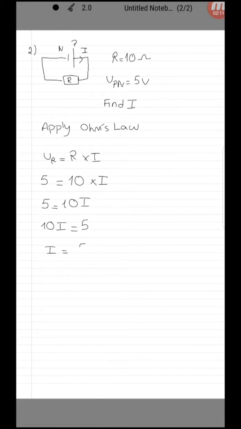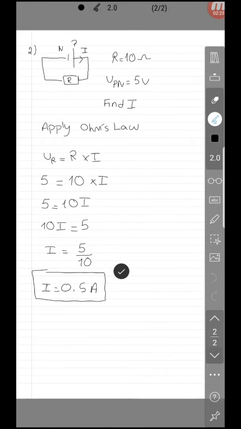I equals 5 over 10. I equals 0.5 amperes. So the current is 0.5 amperes.